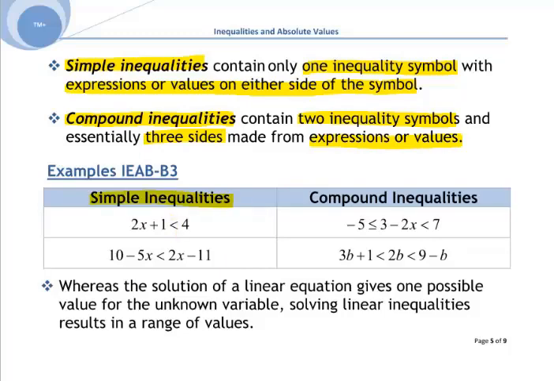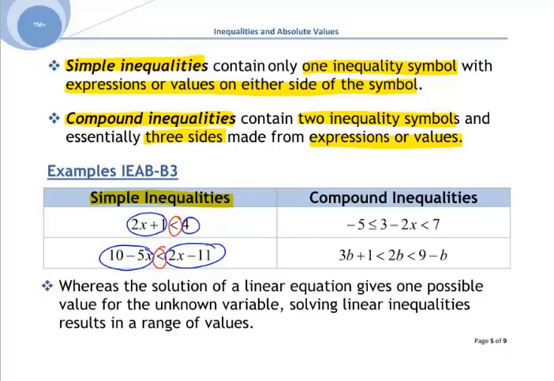So we have only one inequality, and that is separating into 2 parts. So we have 2 expressions on either side. Here we have 1 part, 2 parts, and we have only 1 inequality.